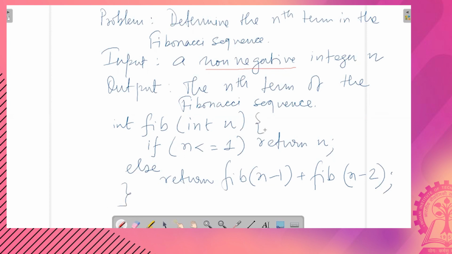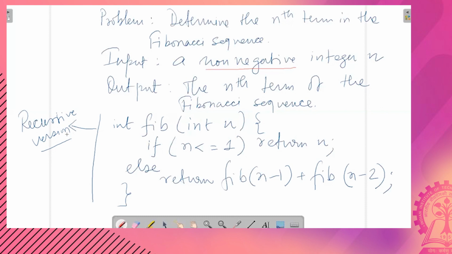So a very simple recursive code. I hope all of you have got an introduction to recursive programming in your programming and data structure course. So this is a recursive version of the computation of the Fibonacci sequence.